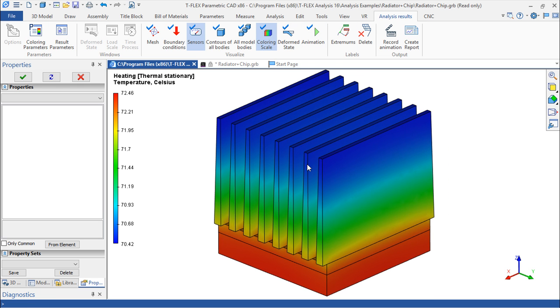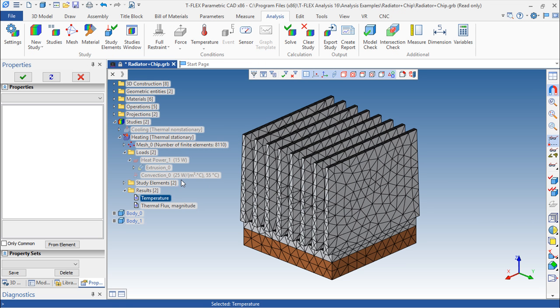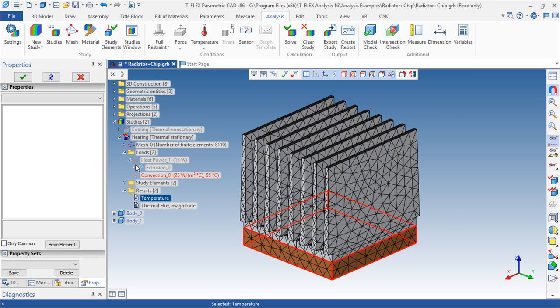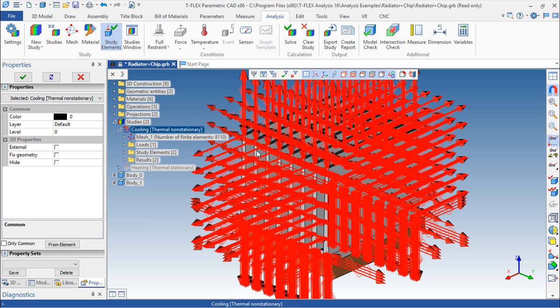So it is a stationary, so there is no change in time. It's calculated for a moment. I said environment 25. No, I had a 55 degrees Celsius in terms of environment, which is above what we usually would get.